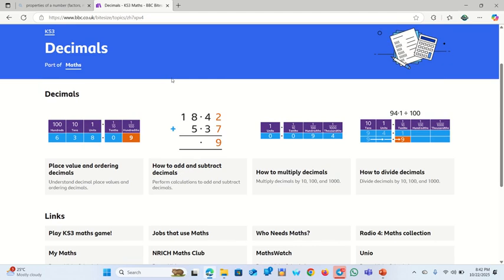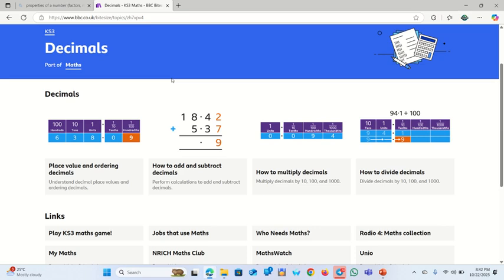And we have 4 basic headings here. The first is place value and ordering decimals. We have how to add and subtract decimals. We have how to multiply decimals. And finally, how to divide decimals.